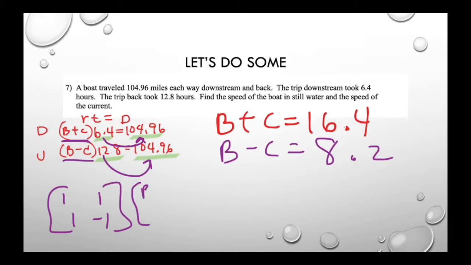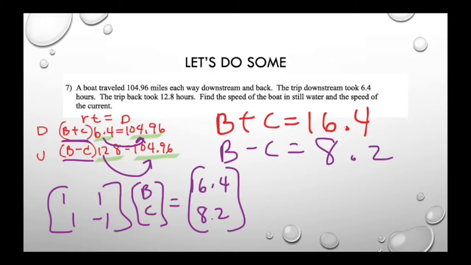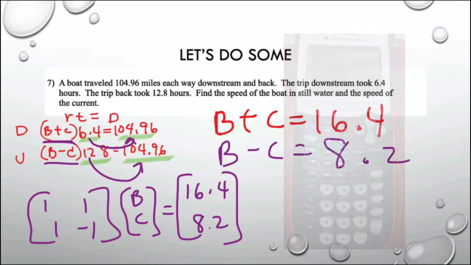And I've got B and C, and we've got 16.4 and 8.2. How did you know to make it 1, 1, 1, negative 1? That's an excellent question. The invisible number in front of each of these is a 1. That makes sense. 1 and 1 and a negative 1, okay?